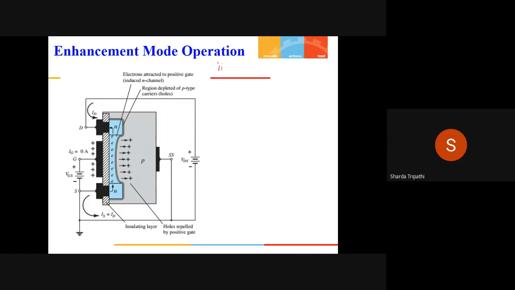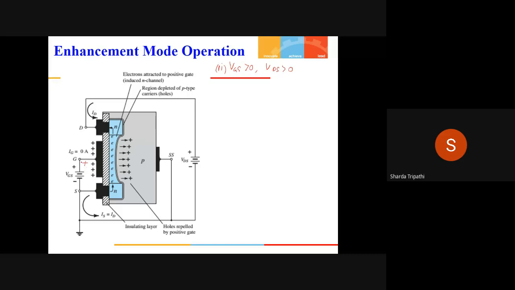So this is my second condition where I am saying that my VGS is greater than 0 and my VDS is also greater than 0. So now you see, here VGS positive is applied, so what happened? This substrate was also p-type substrate, and here you have applied a positive voltage.